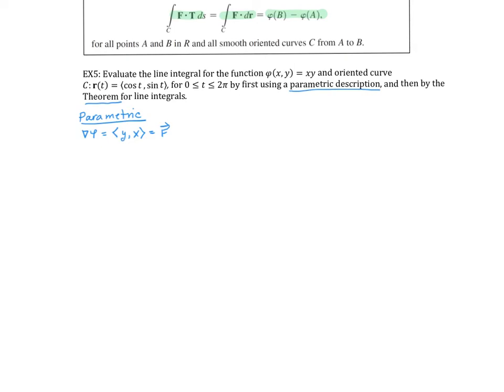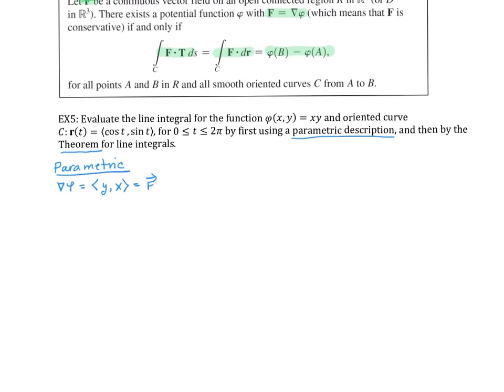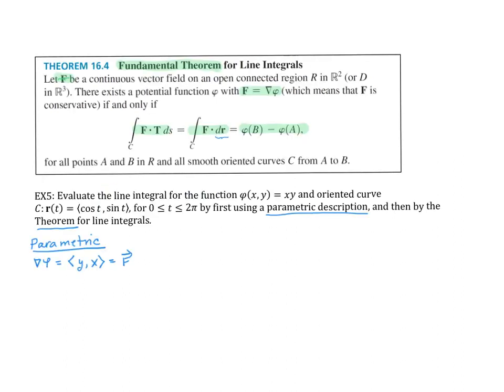And now remember, in this middle form, the differential of r is shorthand for r prime of t dt.